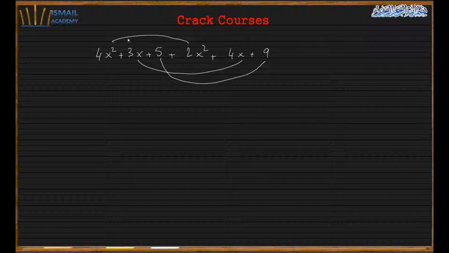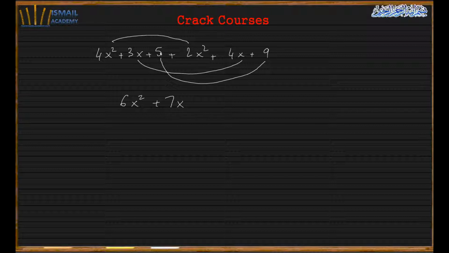So here I will have 4 of that thing plus 2 of that thing, so it's going to be 6 of that thing. So when the quantities are similar, I combine their value. The value of this quantity is 4, the value of this quantity is 2, so I will combine their value. This quantity has 3 as the value, here I have value 4, so I combine the value here.